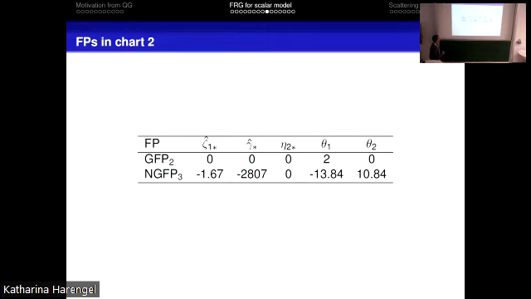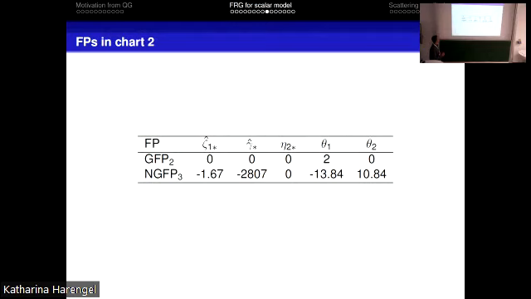So you see, here you have the other fixed point, the high derivative one, where the scaling exponents are 0 and 2. So the coupling is dimensionless, remember, and this corresponds to the mass term.